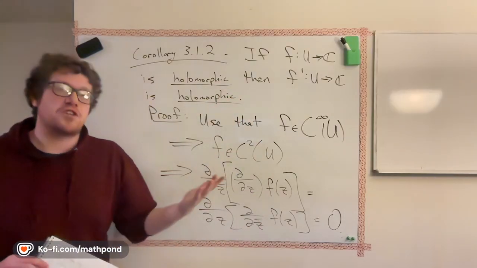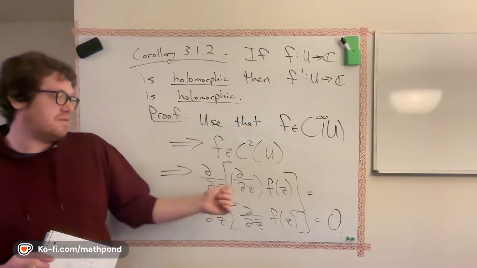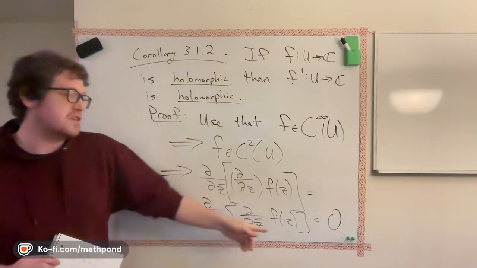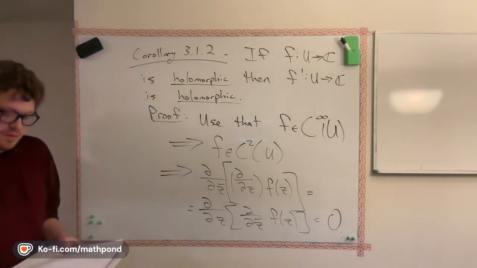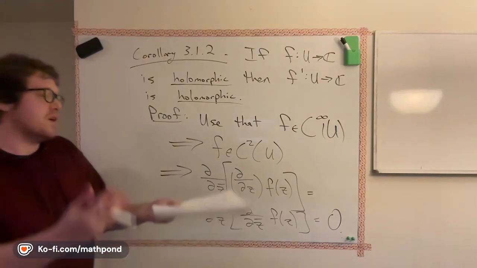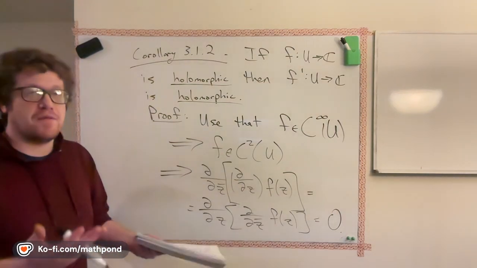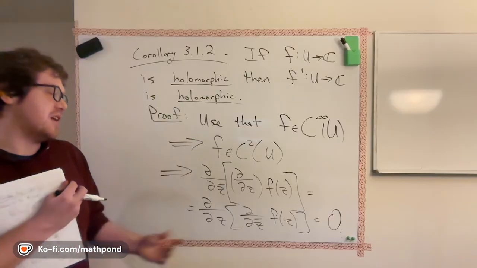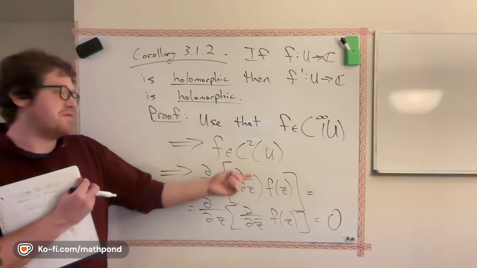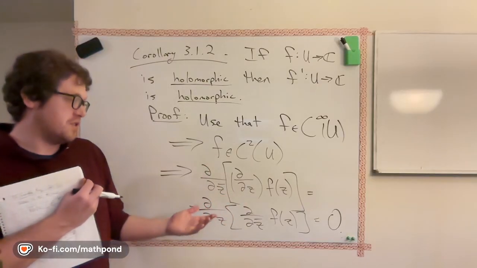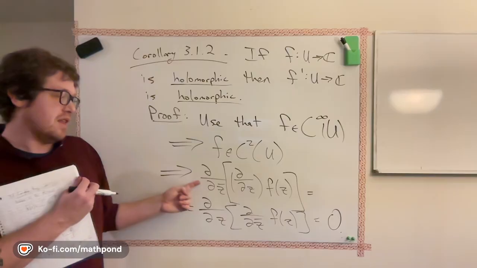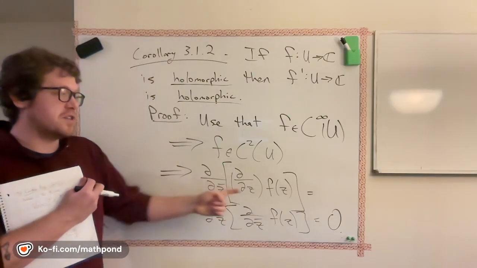That's our definition of holomorphic: the derivative with respect to z bar is 0. In other words, we've just shown that the derivative of f also satisfies the Cauchy-Riemann equations, which is equivalent to the partial derivative with respect to z bar equaling 0.